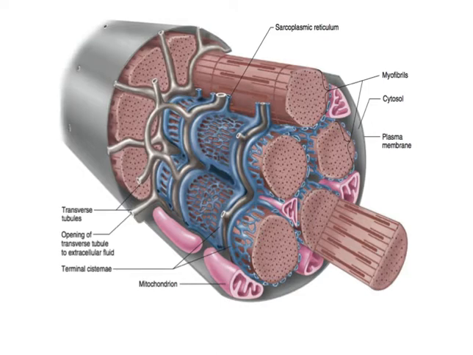You may wonder why they are called transverse tubules: because they lie transverse to the longitudinal axis of the muscle fiber. These transverse tubules, or T tubules, originate from the sarcolemma.